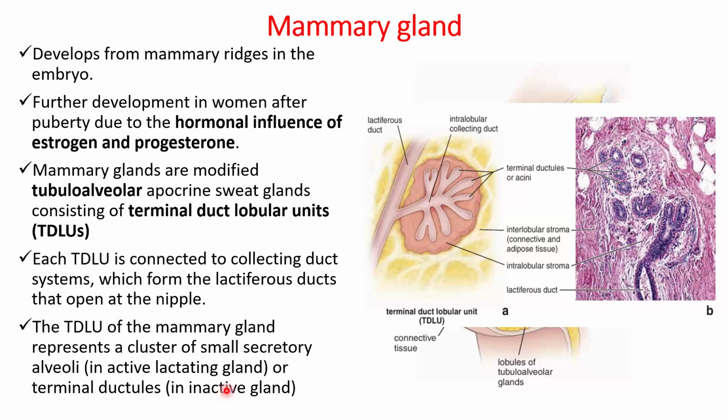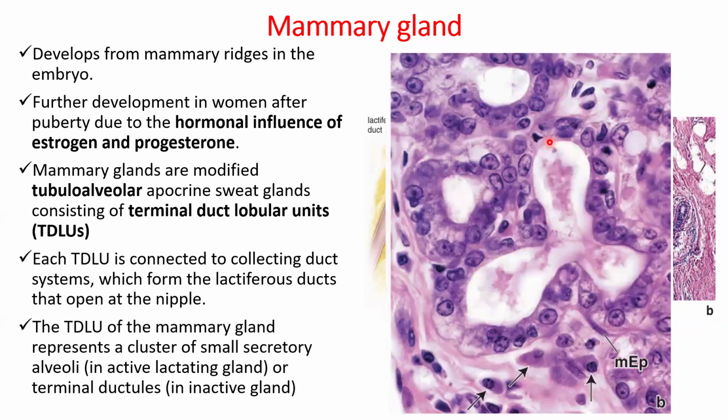Ideally, the intralobular stroma and the interlobar stroma should be sensitive to the hormones so that they proliferate during puberty, and they also enable the terminal acini, the secretory portion, to proliferate and increase in number.